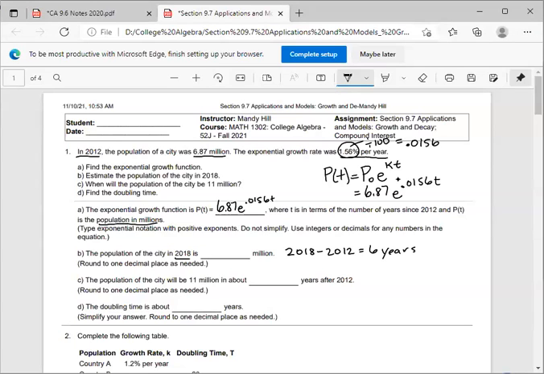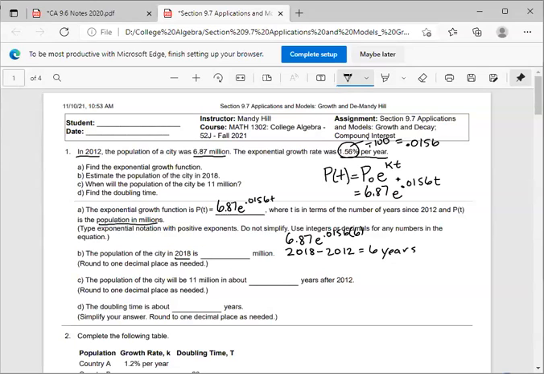So 6 years. Okay, and then I'm going to plug this in. I'm plugging in 6 for T. So you could actually type that in your calculator and then put a 6 right here because we're looking at 6 years.